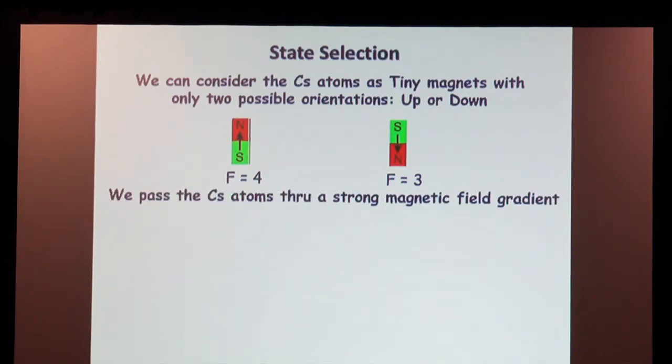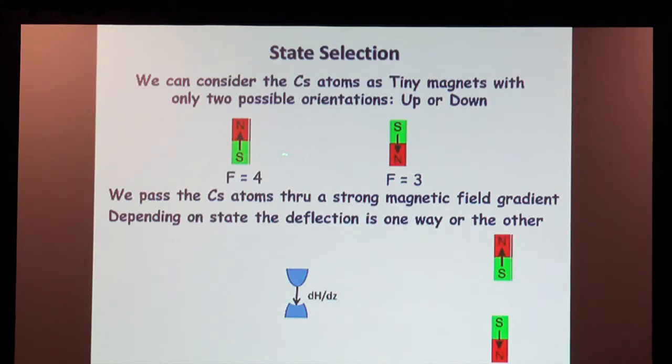Now, if you pass these through a strong magnetic field gradient in the transverse direction, an atom passing through deflects in one direction, and if the orientation is the other way, it deflects in the other direction. So depending on which state it's in, they separate out when they go through a magnetic field gradient.